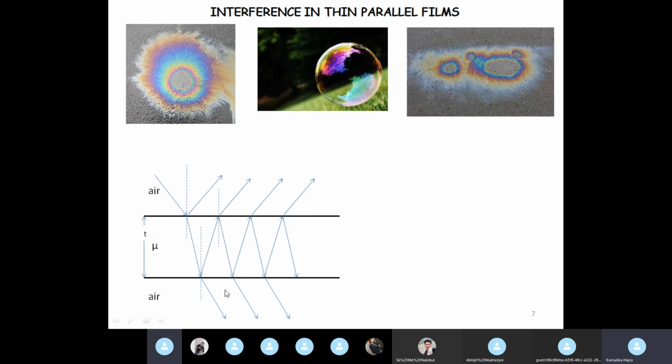What I want you to realize is that we started with a single ray, but due to multiple reflections within the film, we are getting several rays on both sides of the film in air. Remember, we started with a single ray.